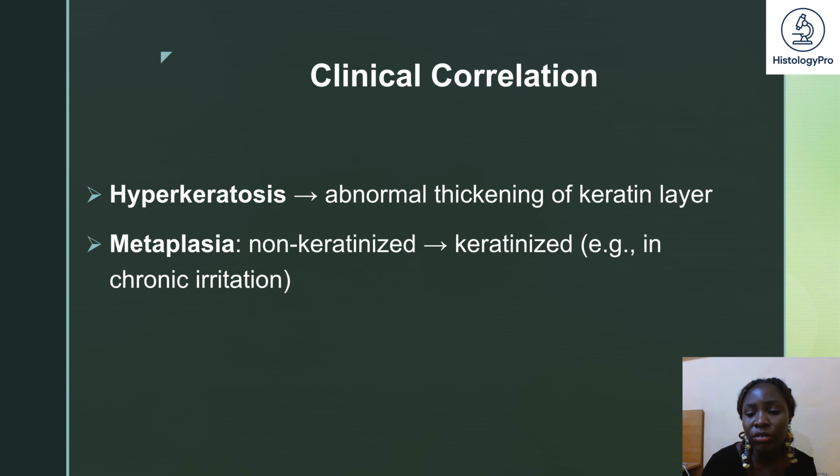Another clinical correlate of stratified squamous epithelium is metaplasia. Metaplasia is a reversible adaptive process in which one mature cell type is replaced by another mature cell type that is better suited to withstand a particular stress. In epithelial tissues, chronic irritation can cause non-keratinized stratified squamous epithelium to transform into a keratinized type.